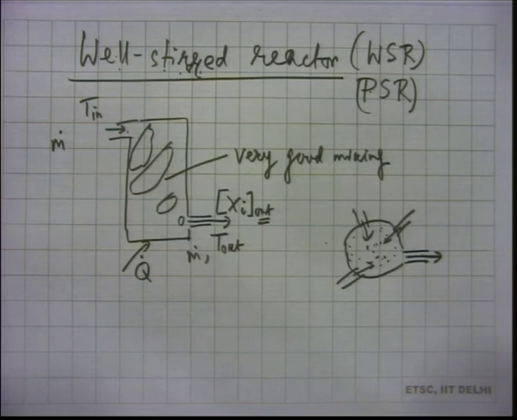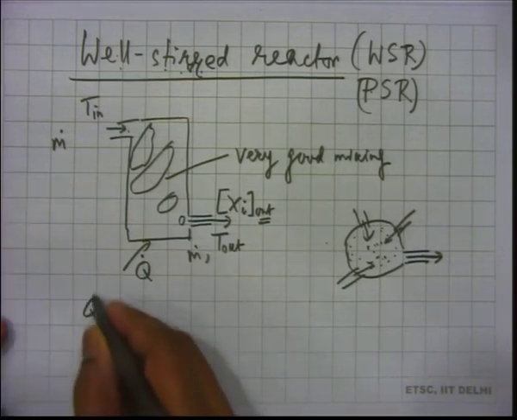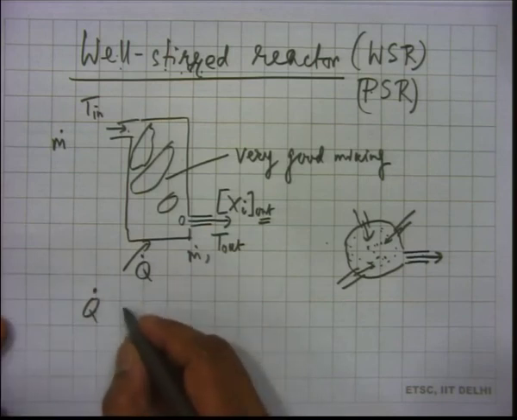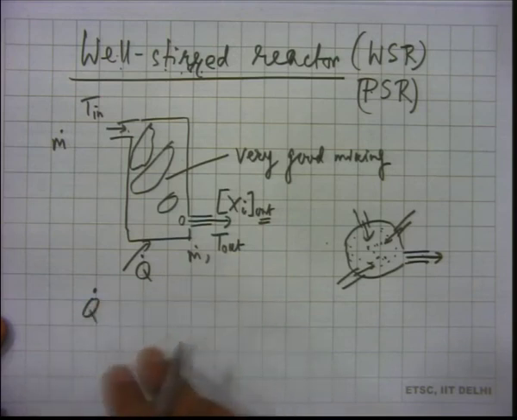So, here you have to write something like q dot, which is like your q dot CV in thermodynamics course. In thermodynamics we used to write q dot CV plus summation m dot into within bracket h_i plus v_i squared by 2 plus g z_i, things like that.